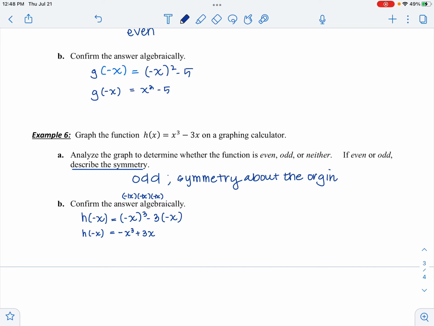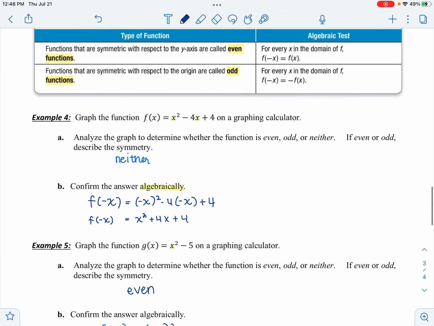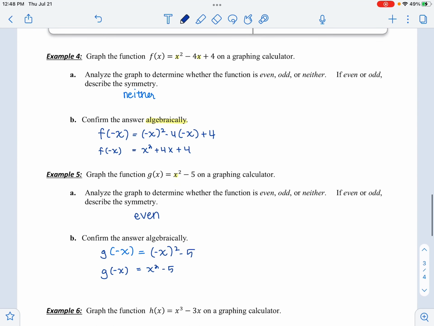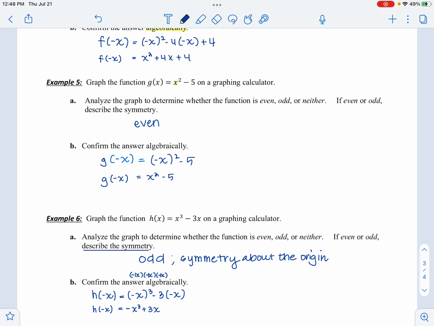Origin. Is that how you spell origin? Yes, I did forget an i. Okay. Example 5, even. If it's even, it has symmetry over the y-axis.